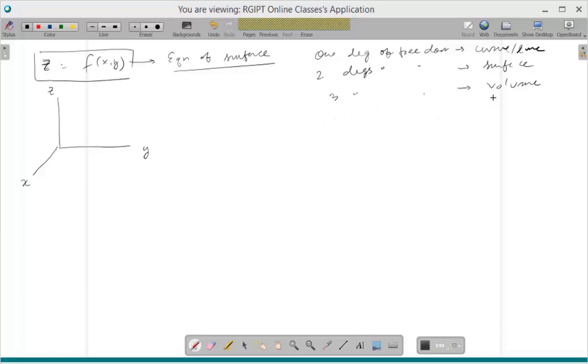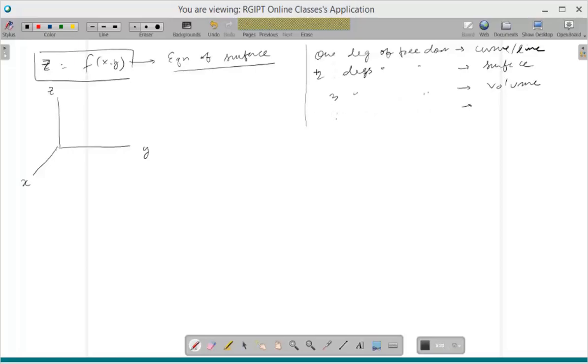And higher degrees of freedom would be hyperspace volume. So it is some kind of imaginative space of higher dimensions which our senses cannot perceive, but you can imagine. If you had 4 dimensions, then the volume in that space would be an object having 4 degrees of freedom around it.